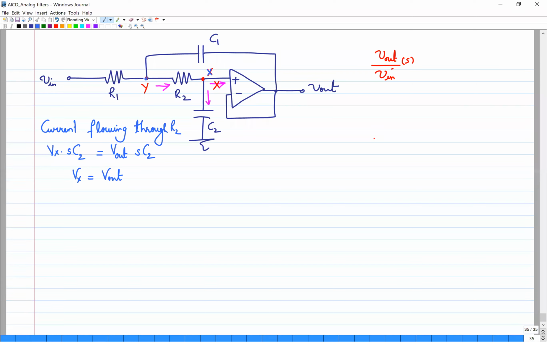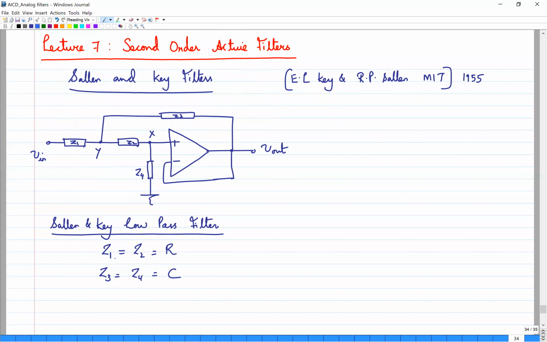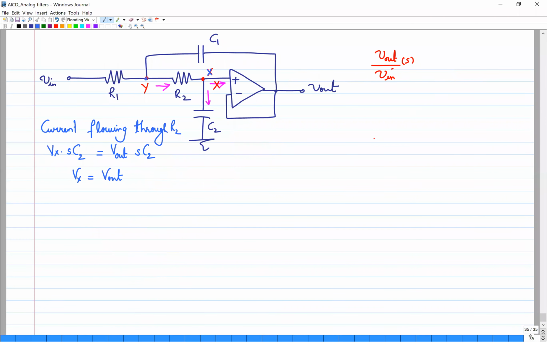Let us see the operation for a low pass filter, because now what we are looking at is a low pass filter, right? I stated that this configuration, when I use it for R and C, is a low pass filter, and at low frequency your capacitance is actually open. So for a low pass filter, whatever I write here is actually for low frequency.